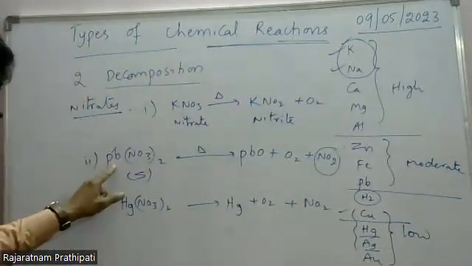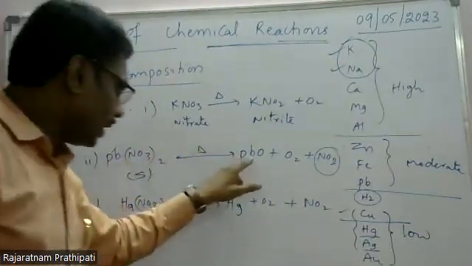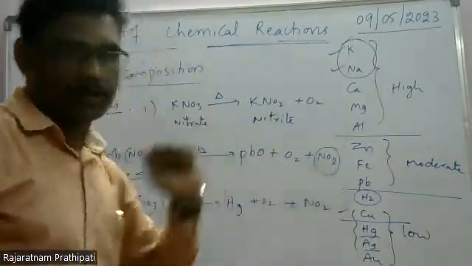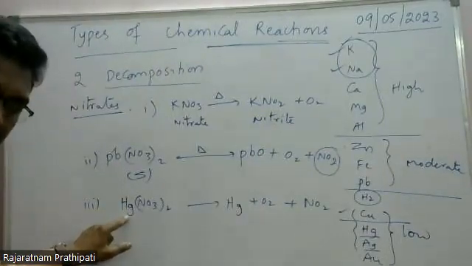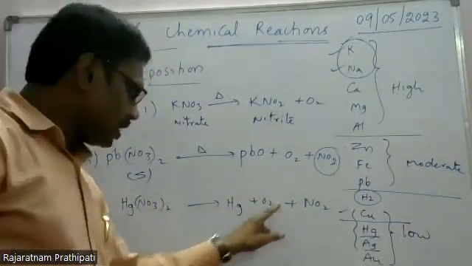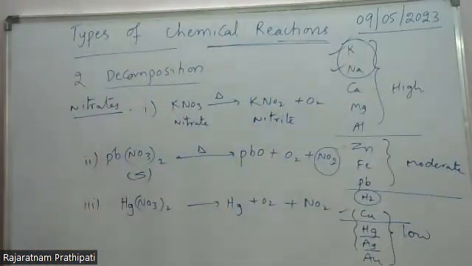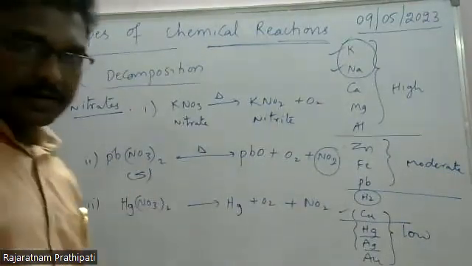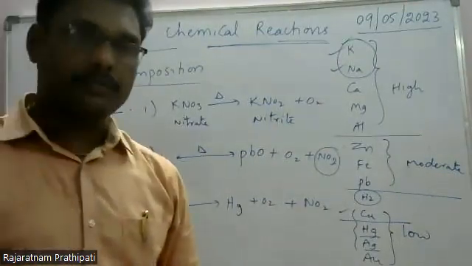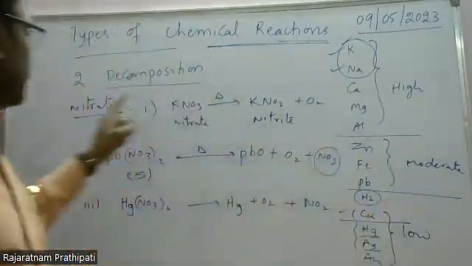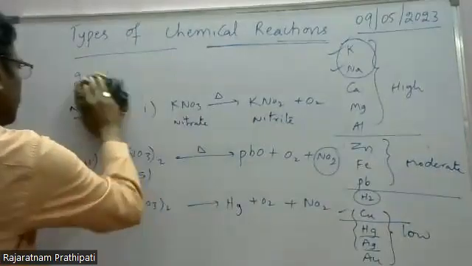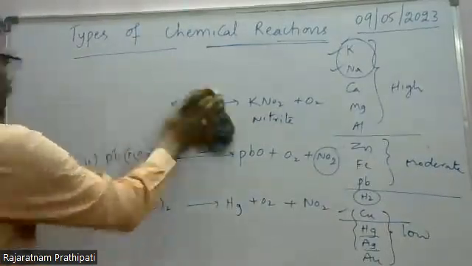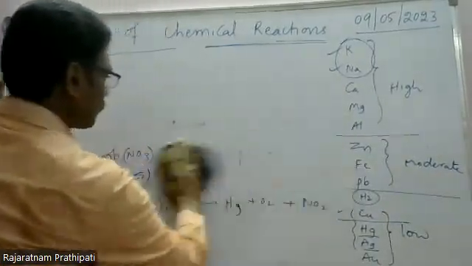Moderate reactive metals, metal nitrates converted to metal oxide, oxygen and nitrogen dioxide. In the case of low reactive metal nitrates, metal plus oxygen plus nitrogen dioxide gas. These are the thermal decomposition of oxides, hydroxides, carbonates and nitrates. Is it clear? This is regarding decomposition reactions.